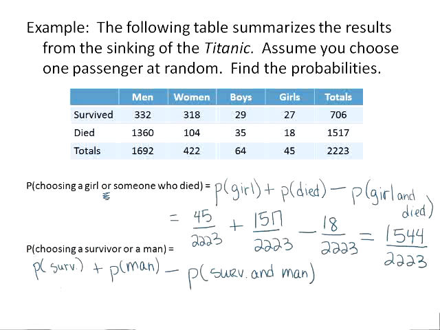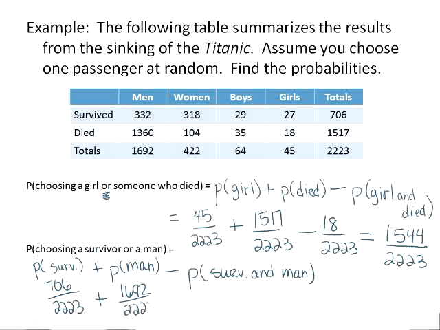So what's the probability that the person survived? Well, looking at the row for survivors, there are 706 out of the 2,223 that survived. The probability that we chose a man, that's 1,692 divided by the total.